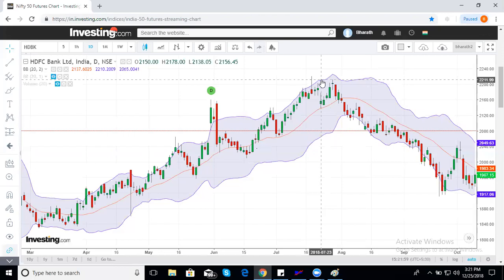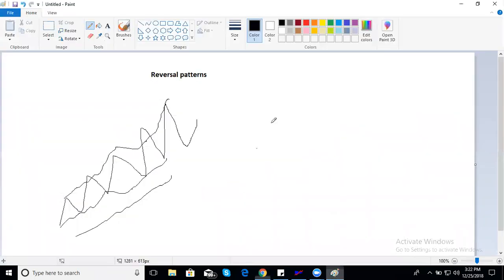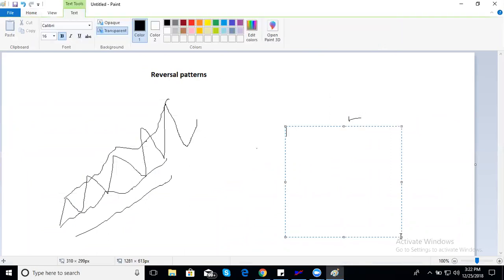Let me explain this on a graph. Let's just take the same HDFC example here. Let's assume for HDFC Bank the average price per day is, let's say, 500. Every day the market is going to 480 on the lower side, 520 on the upside.